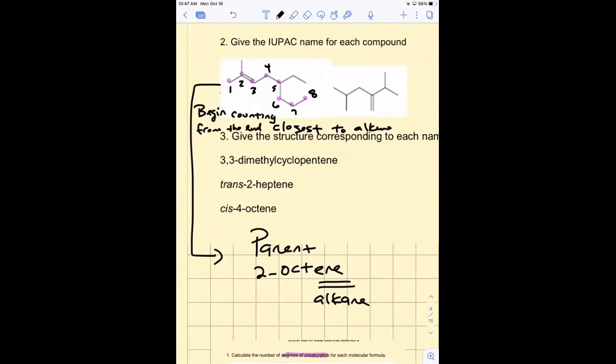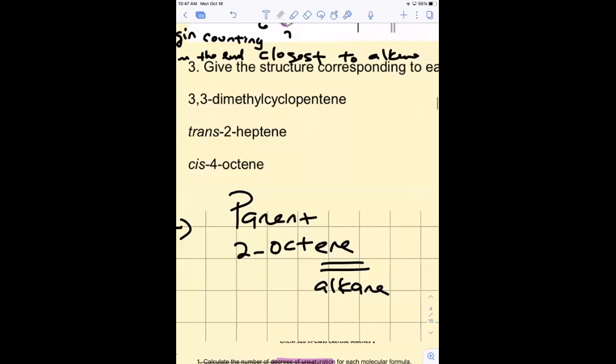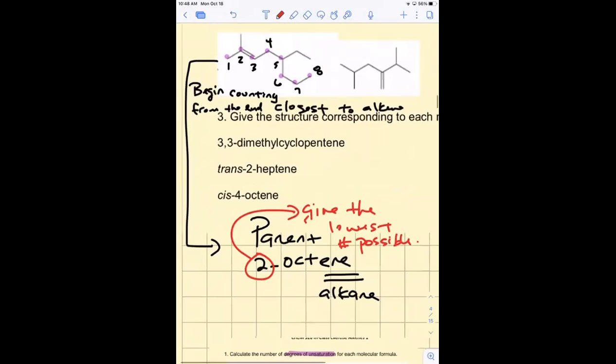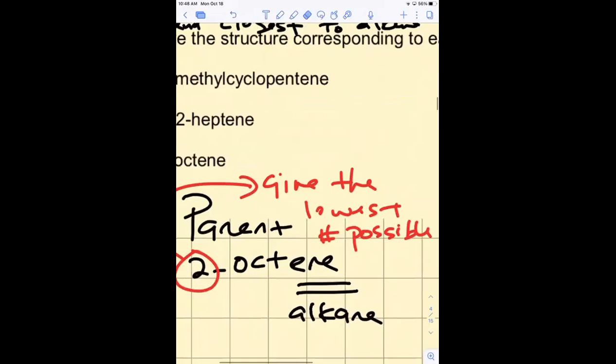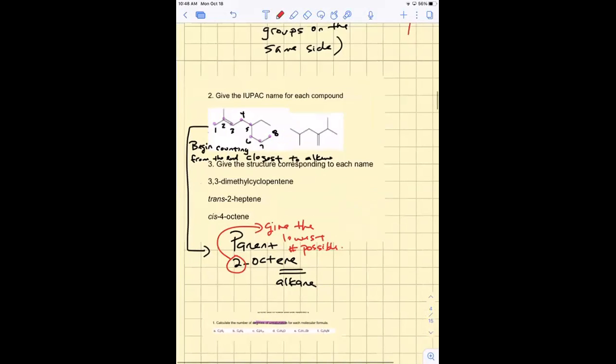If it was between 4 and 5, you would say 4-octene, and so on. So you want to give the alkene the lowest number possible. Any questions about that so far?